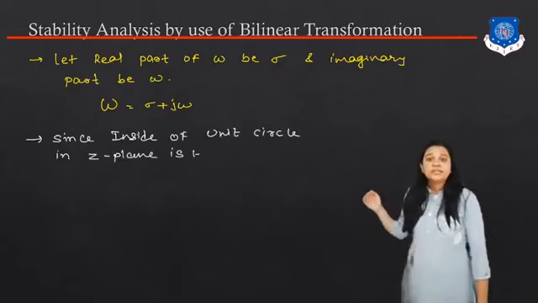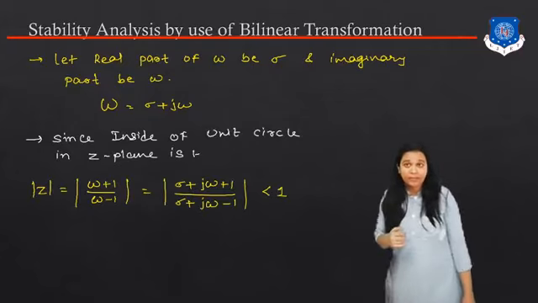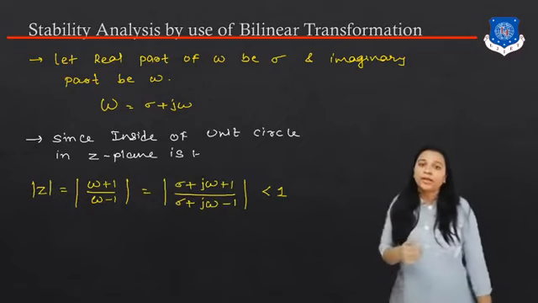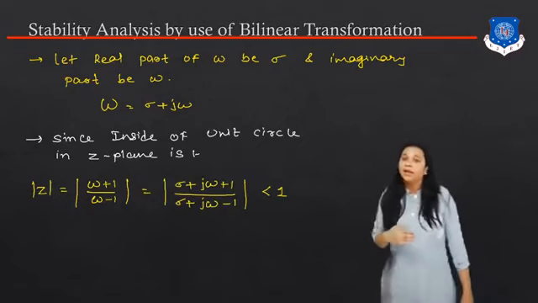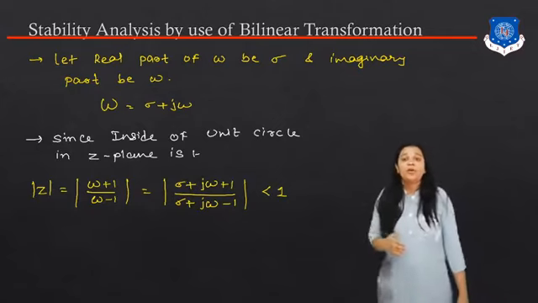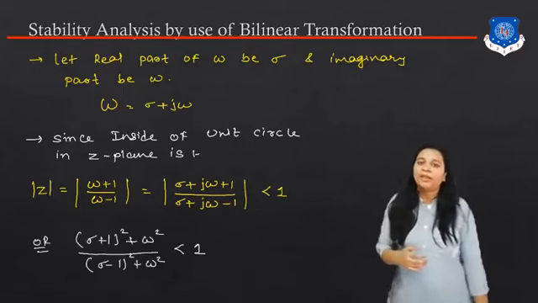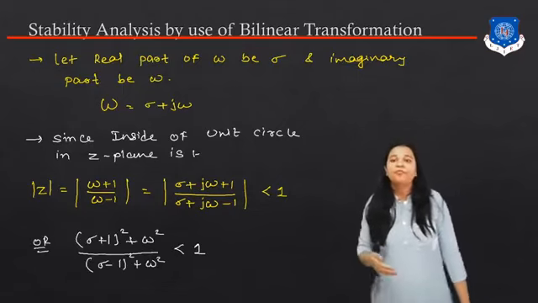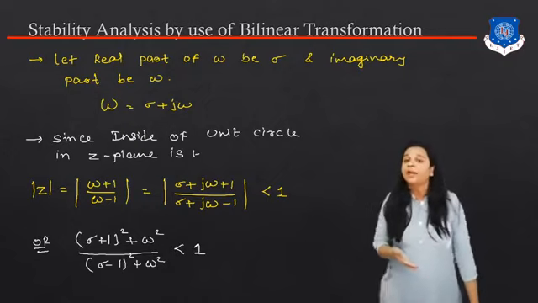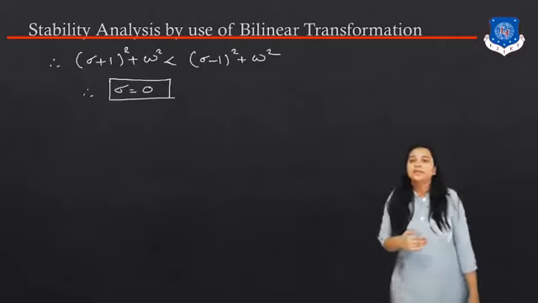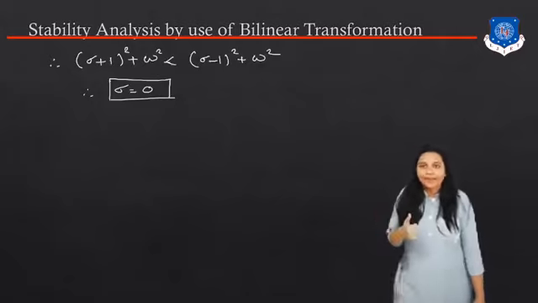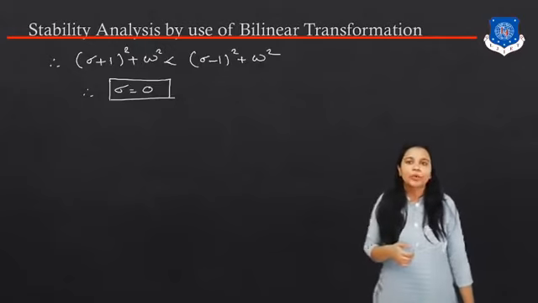Now, since inside of the unit circle in the z plane, the magnitude |z| = |(w + 1)/(w - 1)|, putting the values of the real and imaginary parts, is always less than 1. If we simplify this equation, we get the value mu = 0.